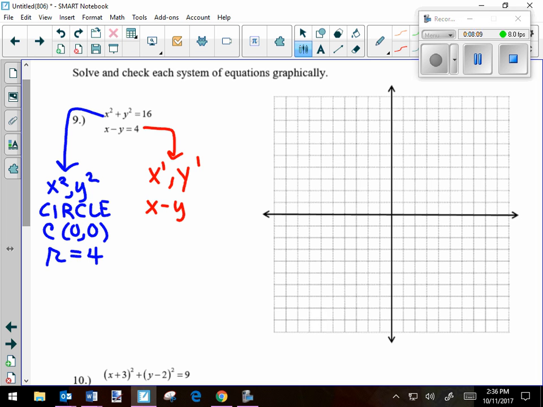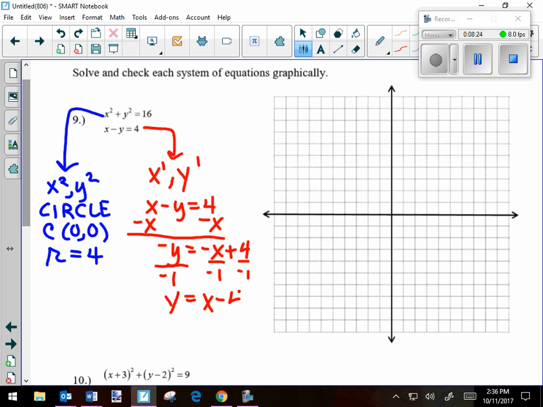I want to have this line written in y equals mx plus b form. So I have negative y equals negative x plus 4. Divide everything by negative 1. Y equals x minus 4. Slope, 1 over 1. Y-intercept, negative 4. So I go on the graph to this, up 1 over 1.